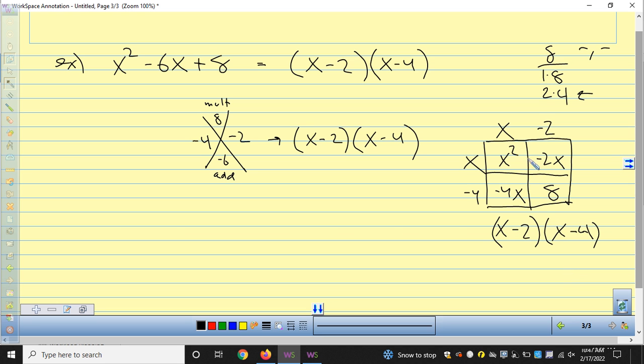And this box shows us that if we do this multiplication, we get x squared minus 6x plus 8. All right, questions there?